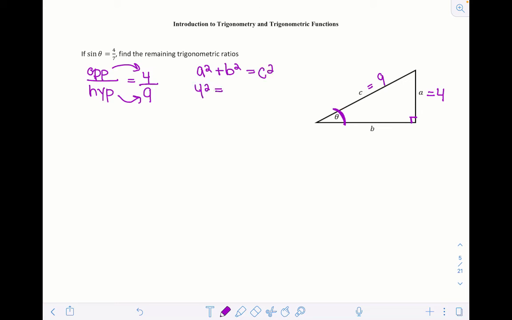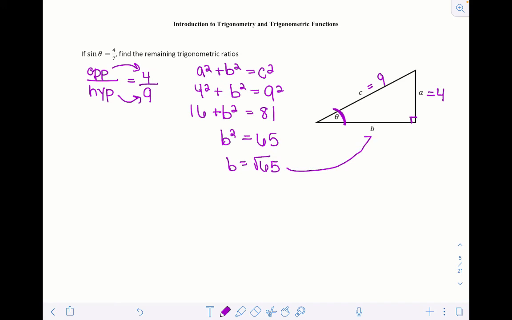So that becomes 4 squared plus B squared is equal to 9 squared. So the value for B is the square root of 65.